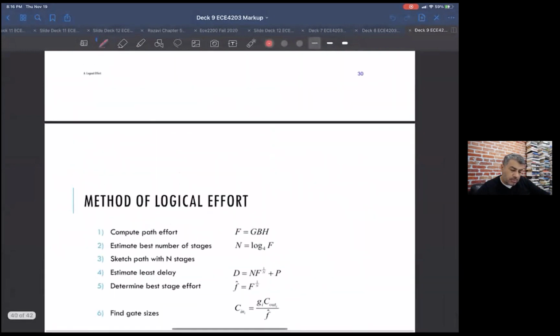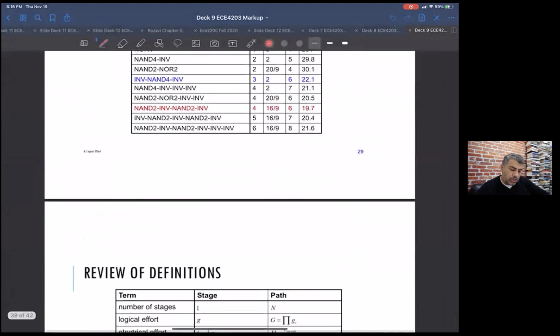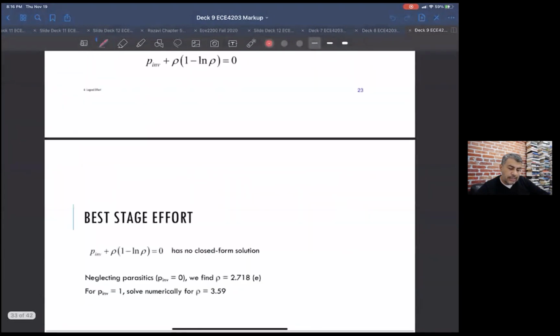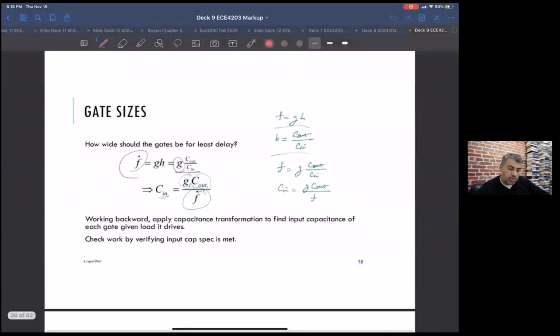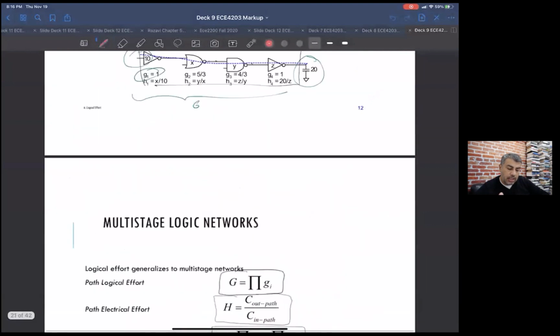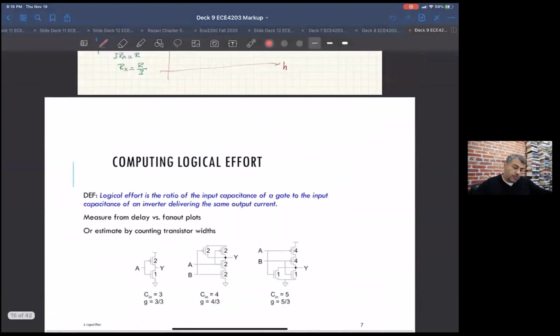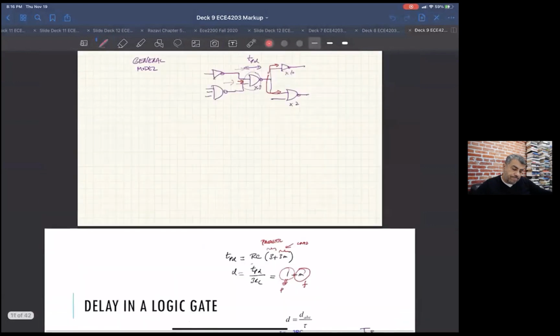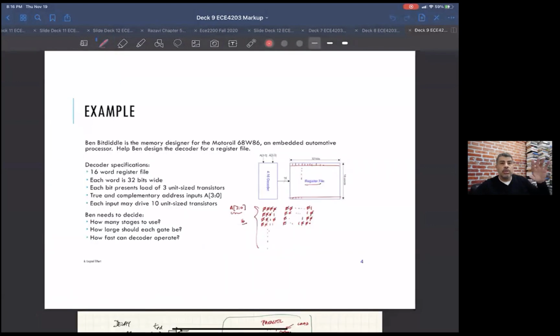The discussion started with a fictional character trying to optimally design a decoder for a register file. So we're trying to design a decoder that would be driving a bunch of register cells, a bunch of memory cells.